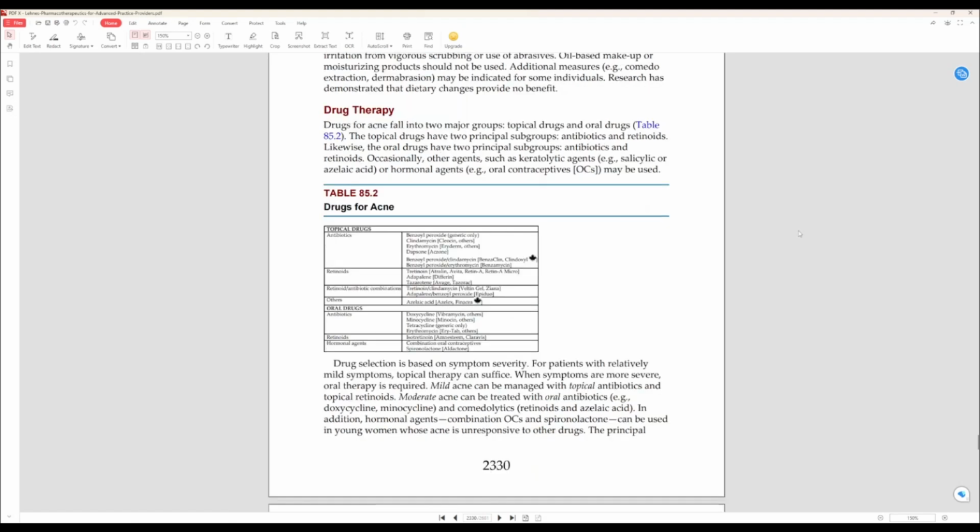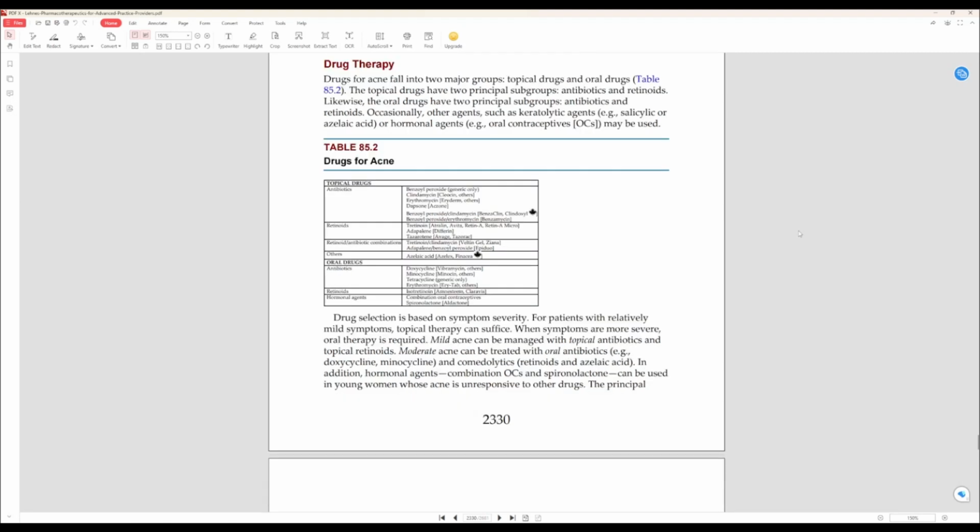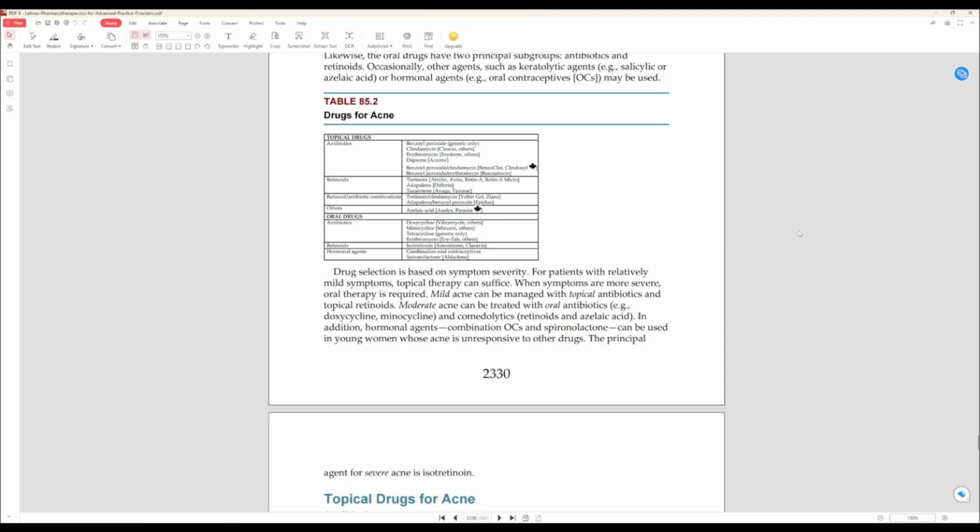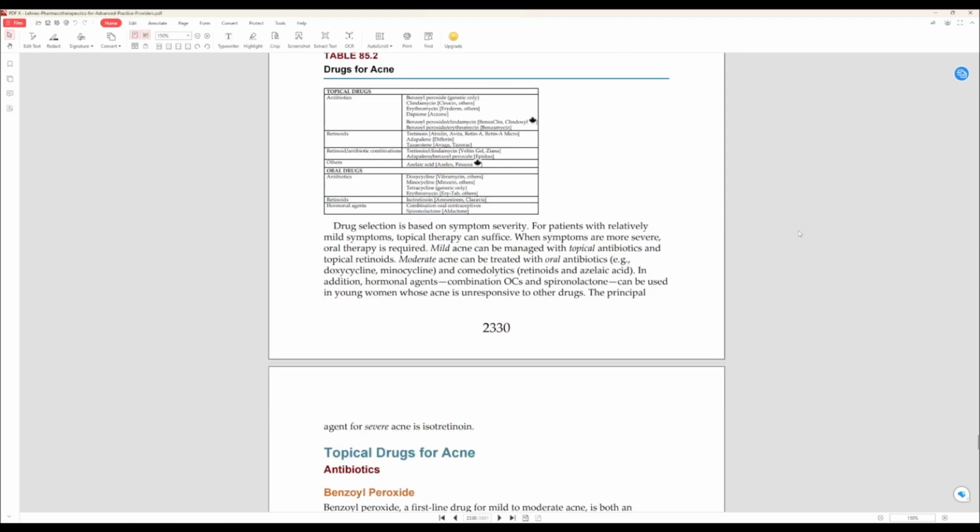In addition, hormonal agents, such as combined oral contraceptives and spironolactone, can be used in young women whose acne is unresponsive to other drugs. The principal agent for severe acne is currently isotretinoin, also known as Accutane or Amnesteem.